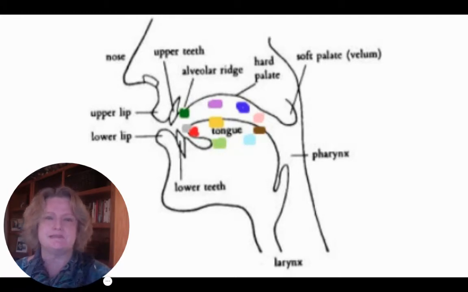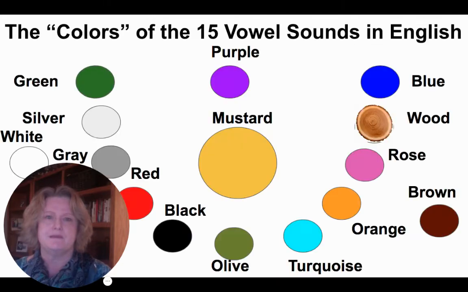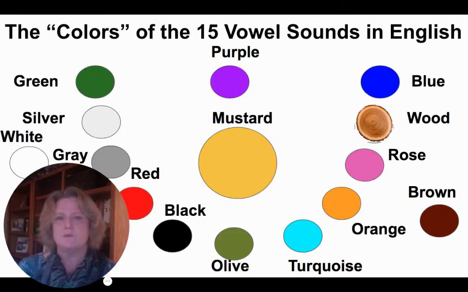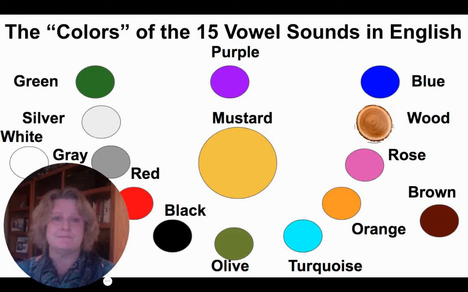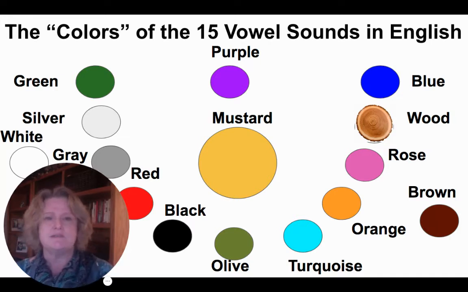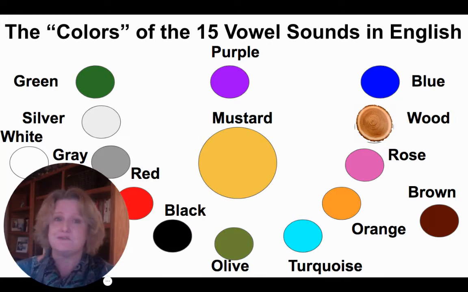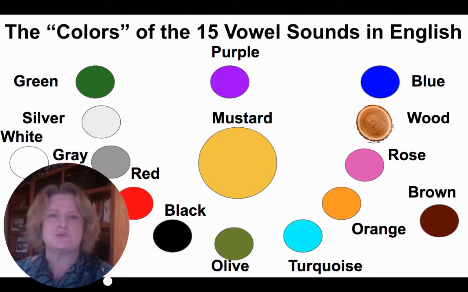So some of these vowels are changing or moving vowels called diphthongs. First, I'm going to go over relatively quickly the 15 vowel sounds according to the color vowel chart, and then we're going to look at how that interacts in almost every single word in English with schwa, and I will be explaining what schwa is.